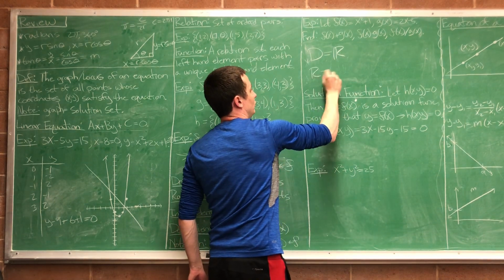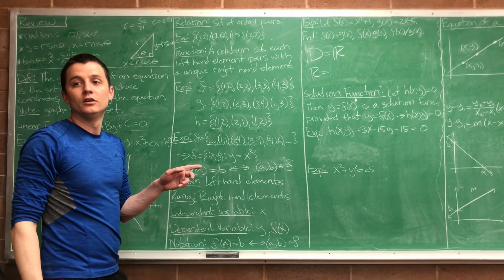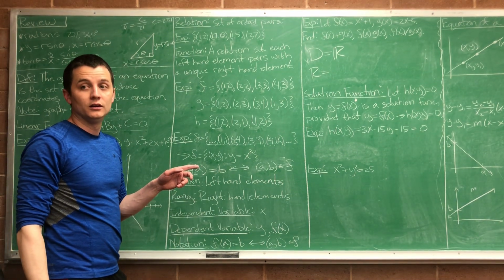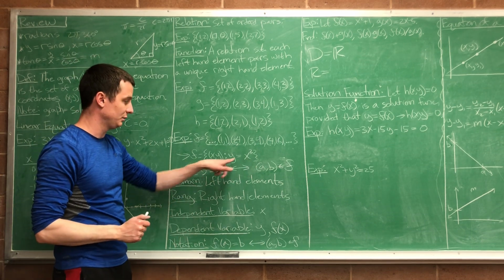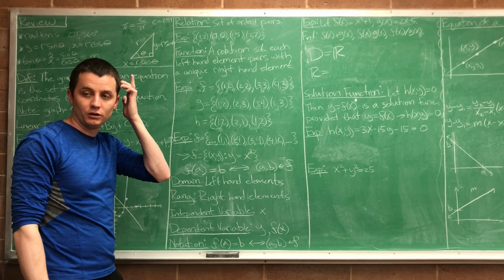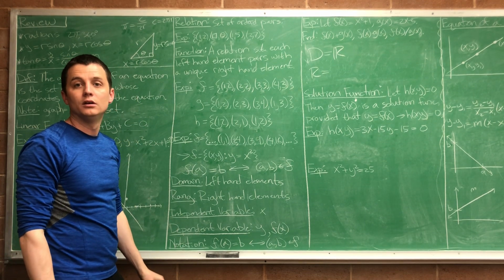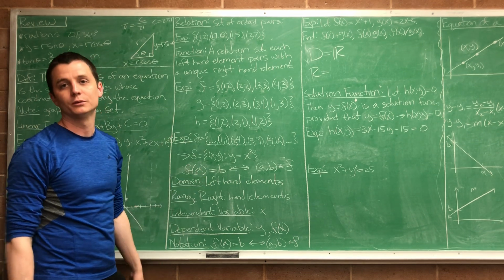What about the range? What's the range equal to? Numbers greater than 0. Not R, because I can't get negative 2 to come out. What's the x that spits out negative 2? What number squared equals negative 2? Oh, we're not going to use complex numbers. Understood that we're talking about real numbers. Sorry.